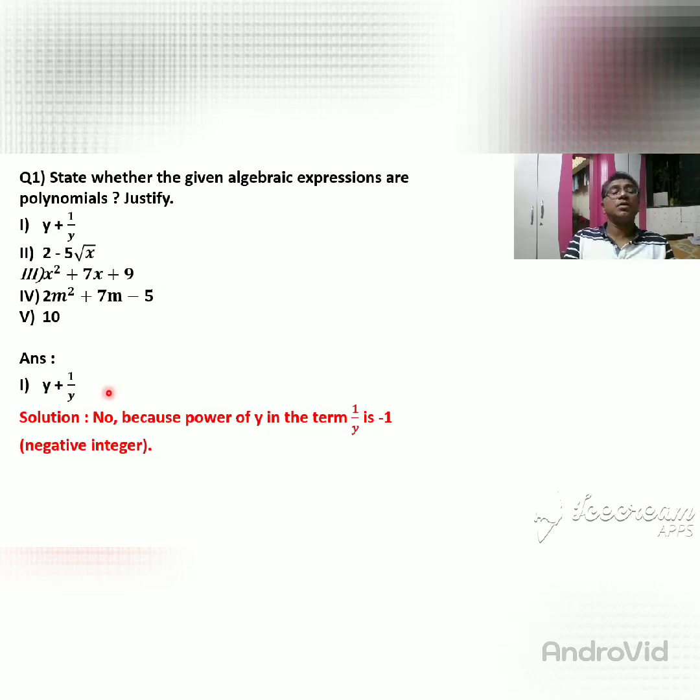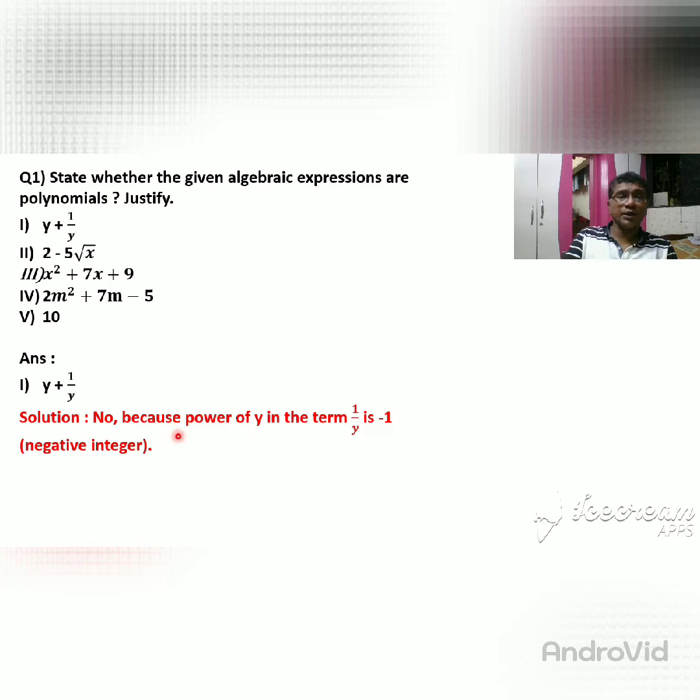This y index is 1. This y index is minus 1. Okay, minus 1. So the degree is never negative. So it is not a polynomial. Why is it not a polynomial? Because the denominator is y, so the degree of y is minus 1.